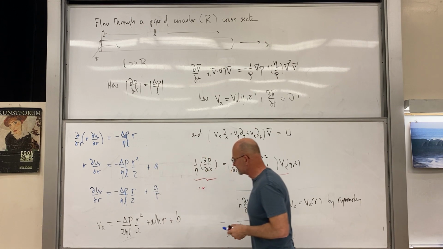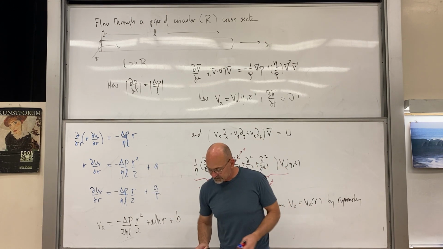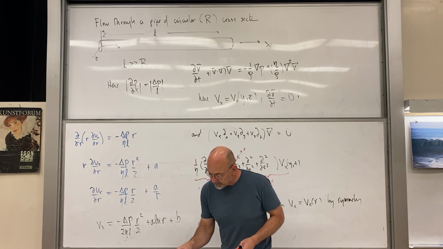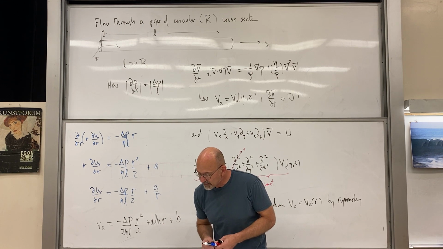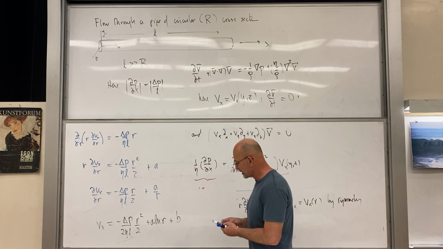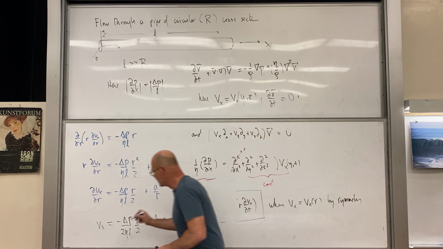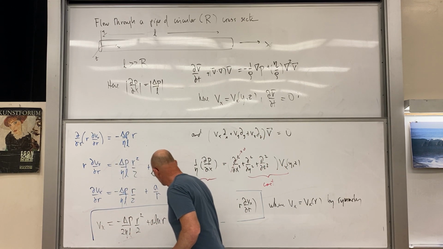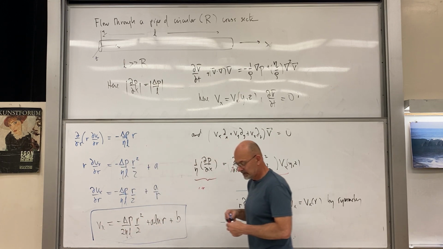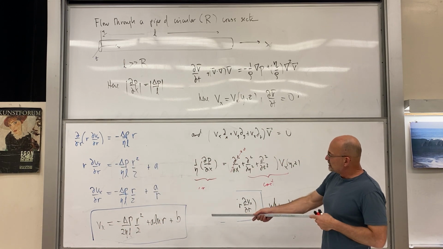Okay. Now let's make sure I've got that. Yeah, a natural log of r plus b. So here's one where we have to go back to our little box around here. So that's the general one.